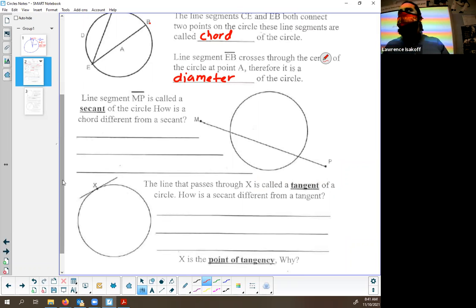Now look at this picture. This line segment MP is called a secant. So we said when something stops on the edges, that's a chord. What's happening a little different here? What's special about this line MP? What do you notice about it?